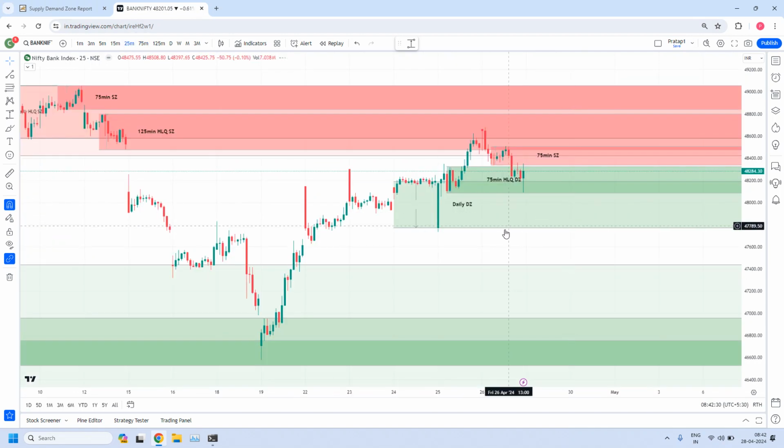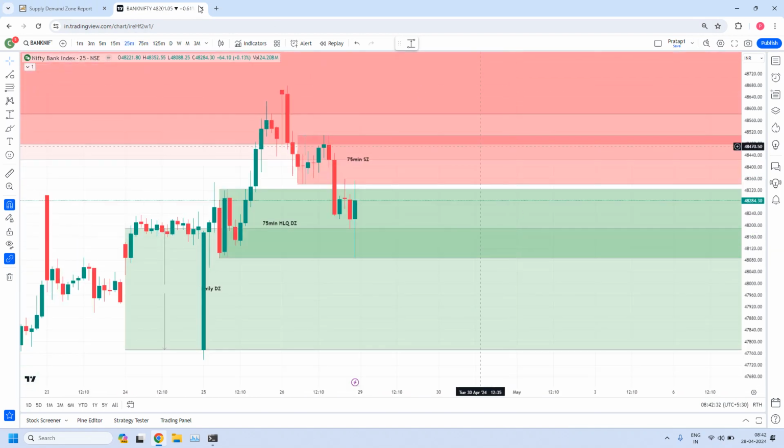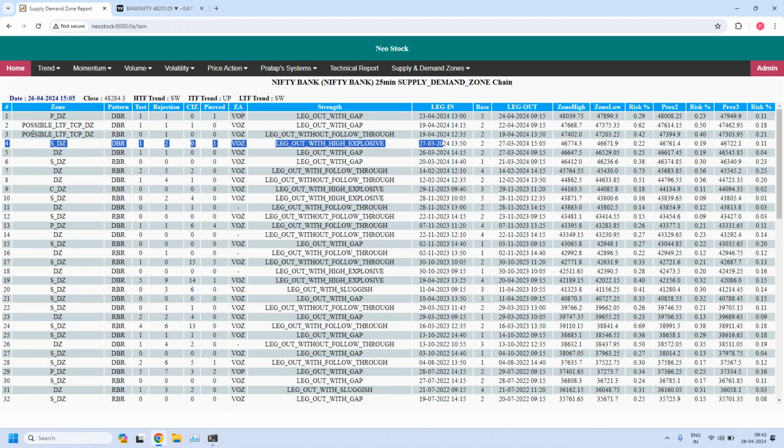So 25 minutes time frame. This is a low priority zone, but it is having its own counter trend trade setup related. 19.4, 14.15, 2 base candles.